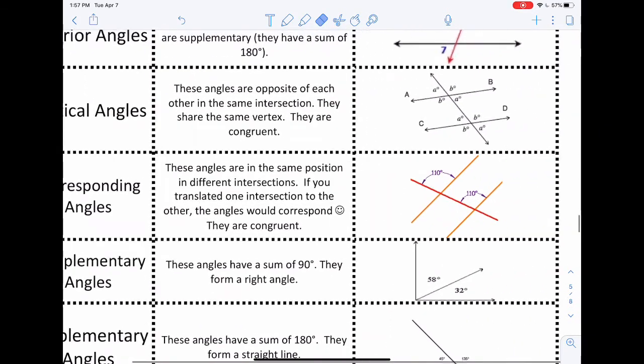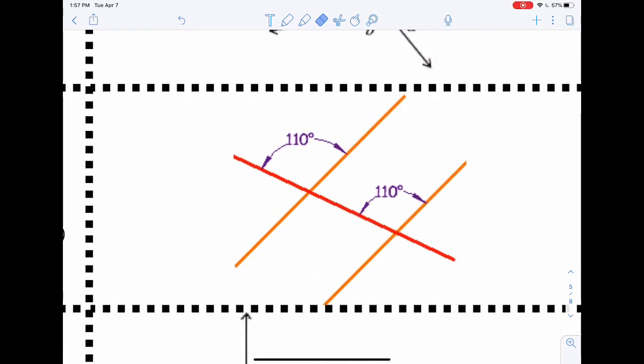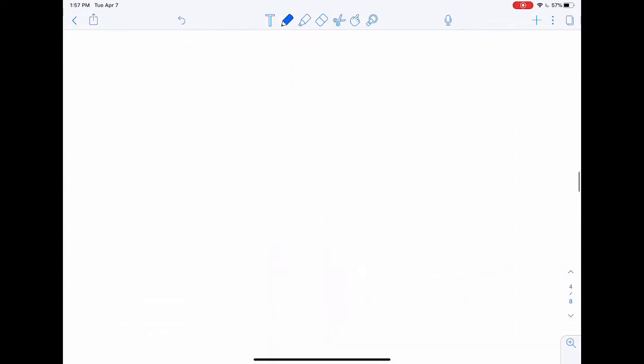Here it states that if lines are parallel, then corresponding angles are congruent. The converse is also true, that if corresponding angles are congruent, then lines are parallel. And that's what we have in this problem here.